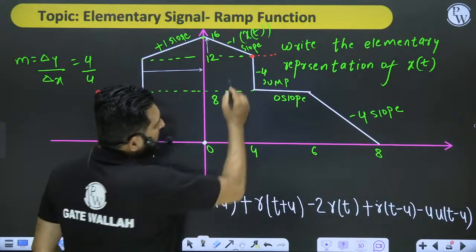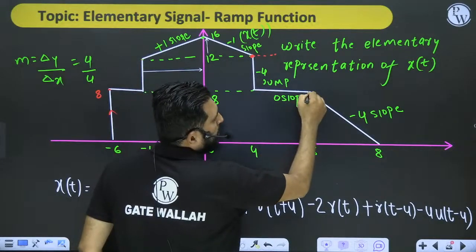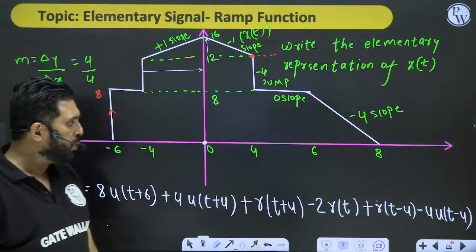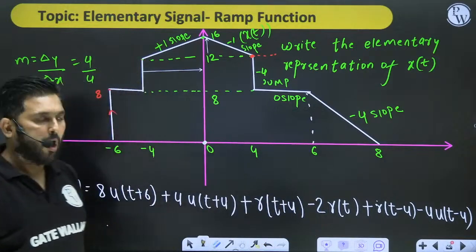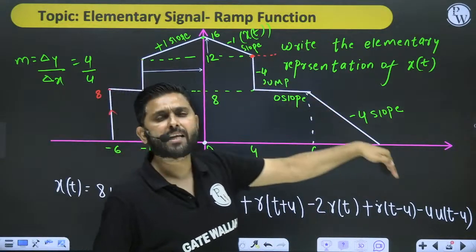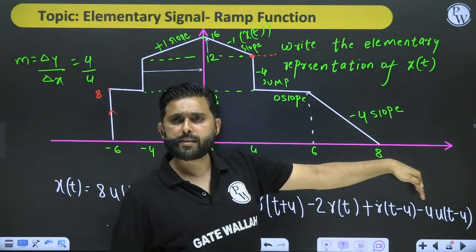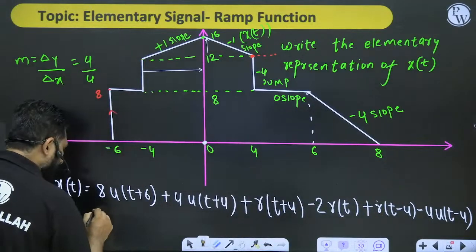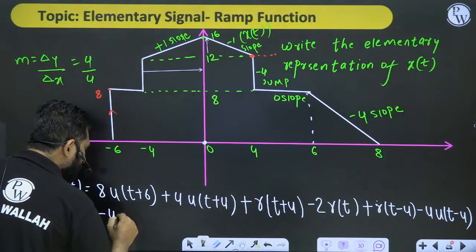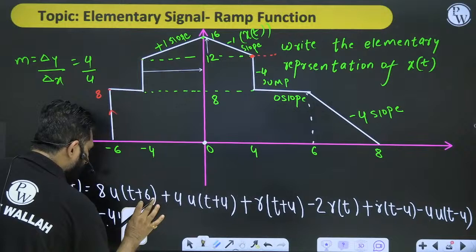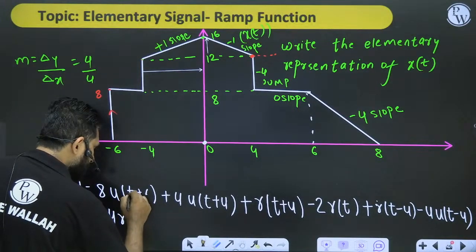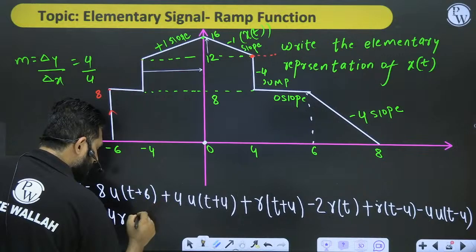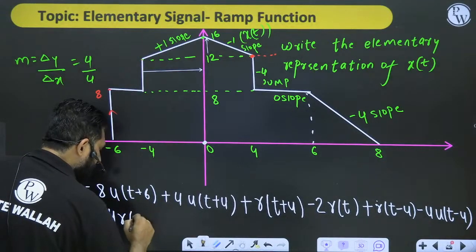Now the line will go up to, let's say, 6. This is 6. Now from 6, I again have a minus 4 slope. This means that I have minus 4 r t minus 6.